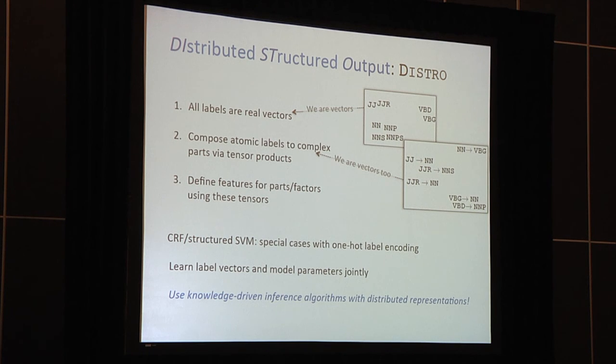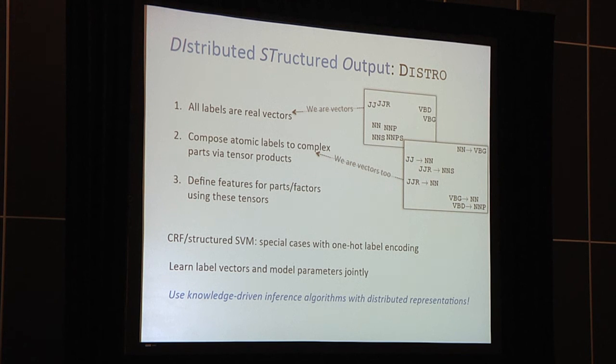We propose a method which models labels, which are, again, not atomic units of meaning. We model labels as dense, small, real-valued vectors. We propose an operator that can combine these labels to form larger graphs.